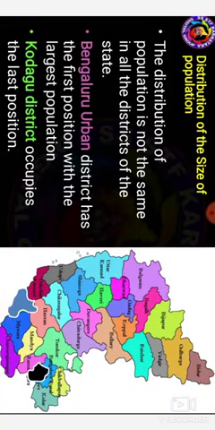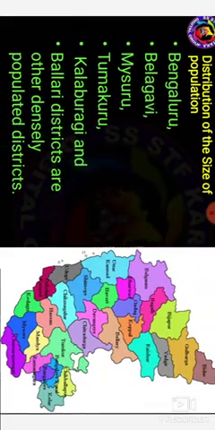And then next we have to see the distribution of the population. First of all, the distribution of population is not the same in all the districts of our state. Bangalore Urban district is in the first position, having the largest population, and the Kodagu district occupies the last position.